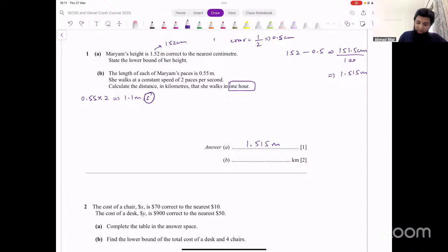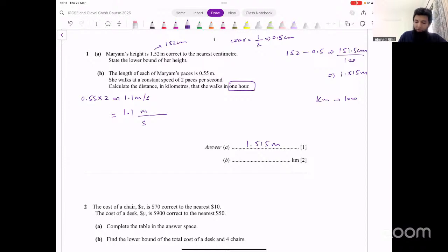Now, the speed has seconds here. Let's convert the speed to kilometers per hour, first of all. How can we do that? 1.1 meters per second. How do you convert meters to kilometers? 1 kilometer has 1,000 meters.